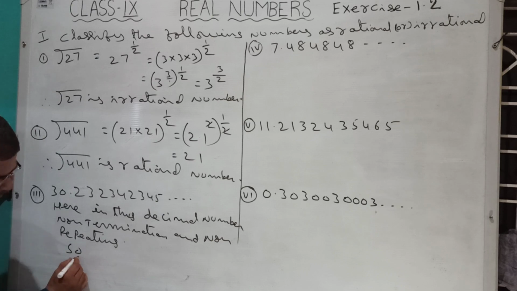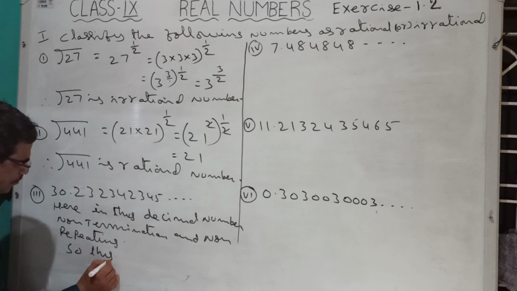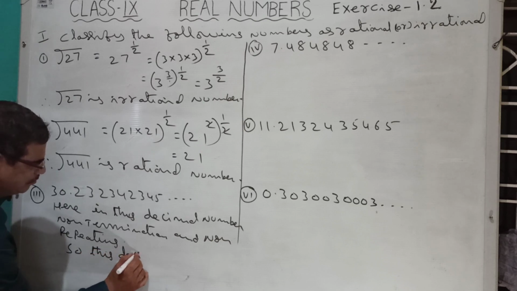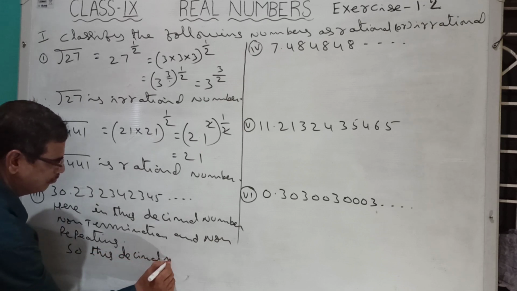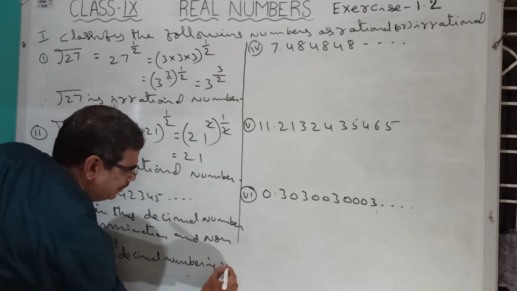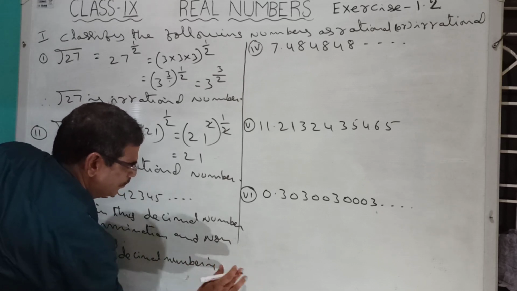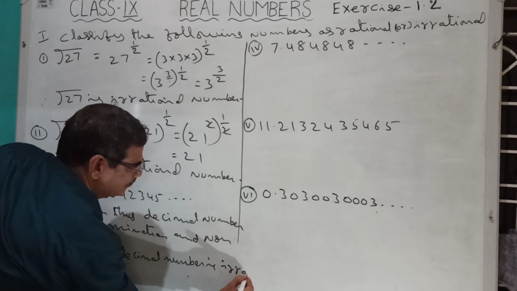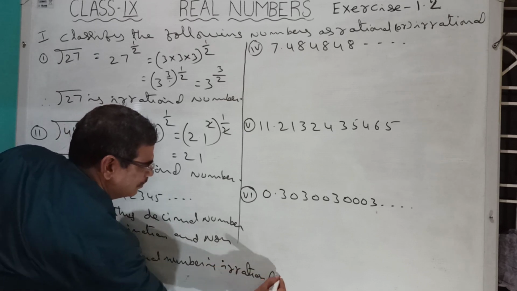So this decimal number is an irrational number.